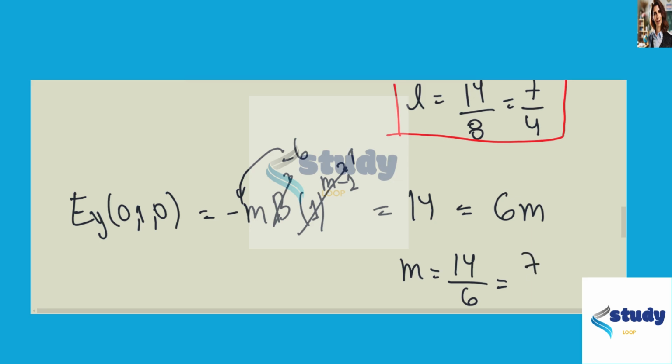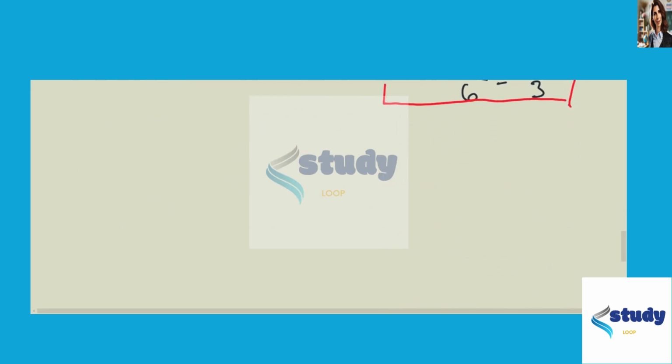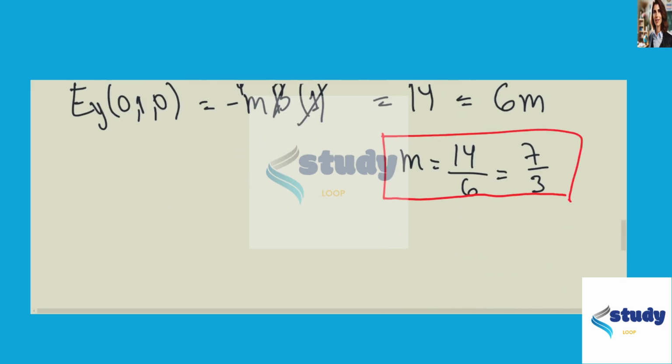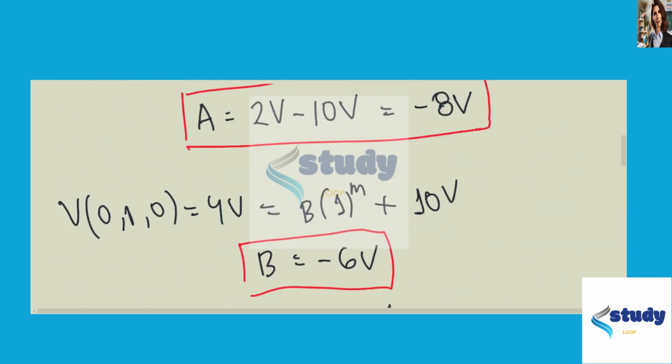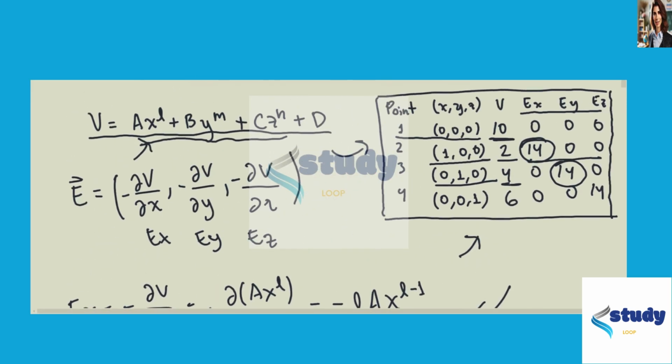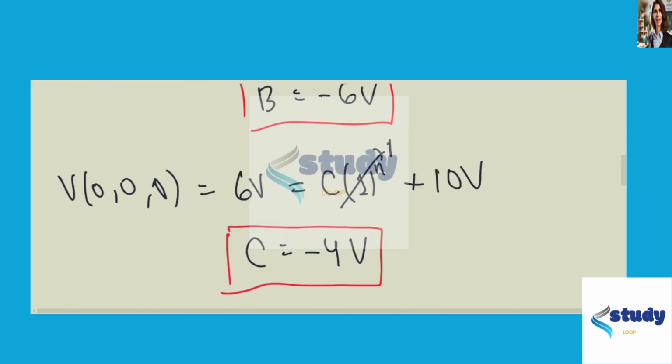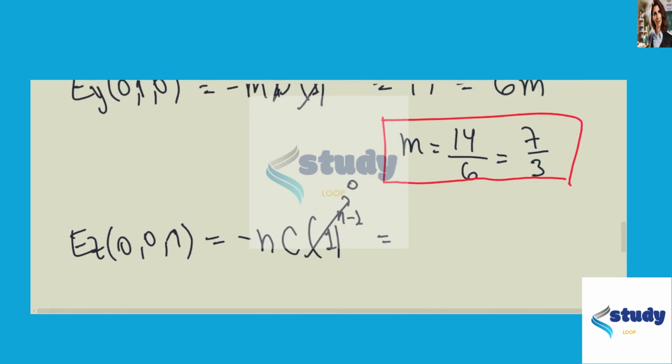That can be simplified as 7 over 3. And similarly for the z component, we have the point 0, 0, 1. This will be minus n c, z to the n minus 1, which is 1. Again, if we go to the table, it is 14, the value at that point.